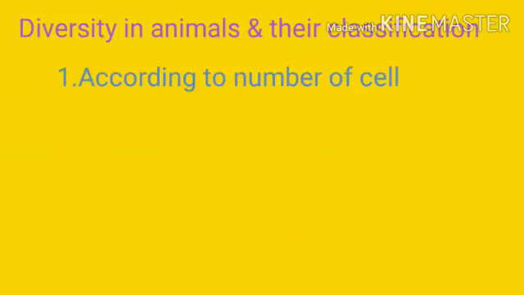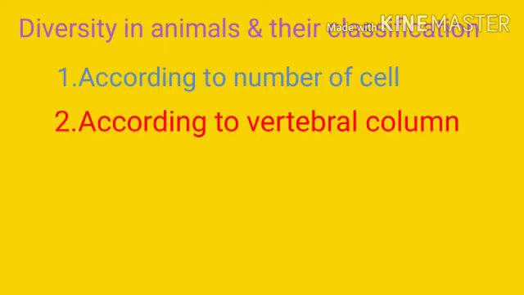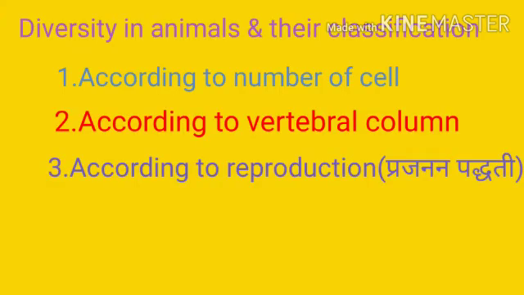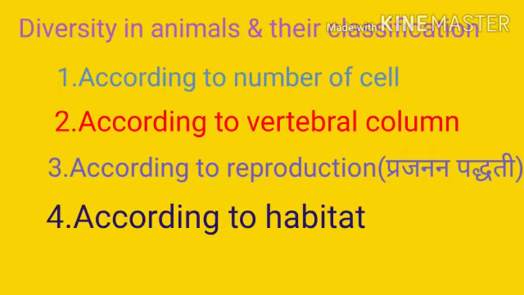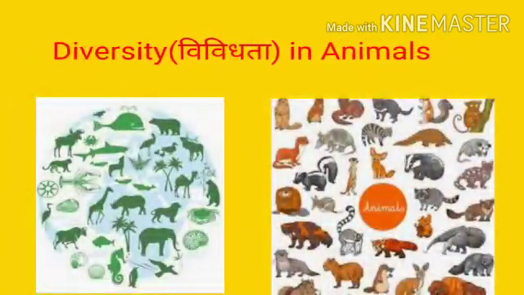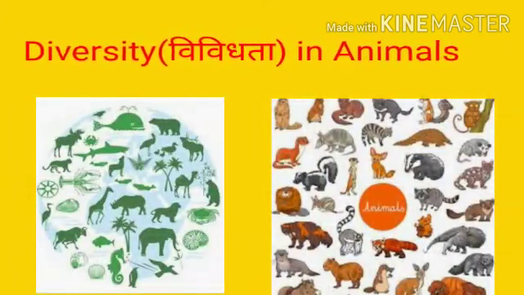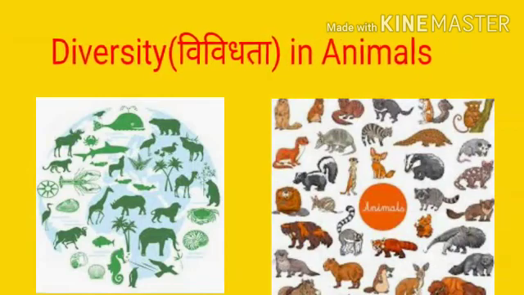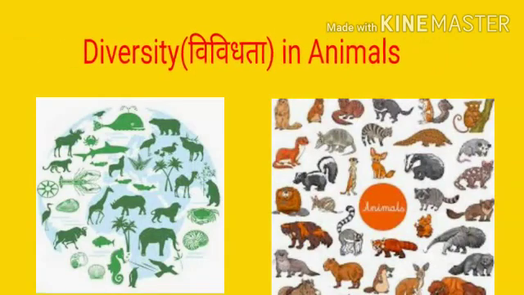Okay, so we studied the animals according to the number of cells, according to the vertebral column, according to mode of reproduction and according to their habitat. So students, you can see that there is a great diversity in animals, and these animals are modified according to the environment in which they live.